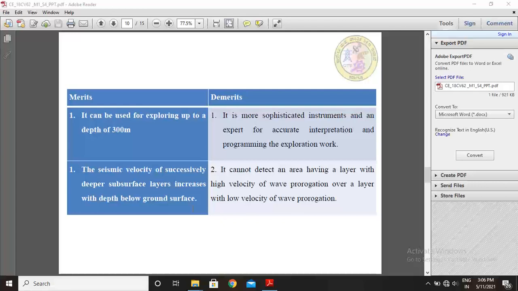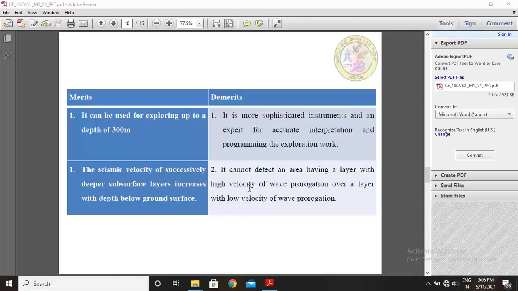So there are some merits and demerits of the seismic refraction method. The first merit is it can be used for exploring up to a depth of 300 meters. Second merit is the seismic velocity of successively deeper layers increases with depth below ground surface. So these are the merits.